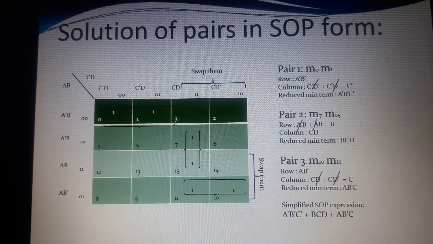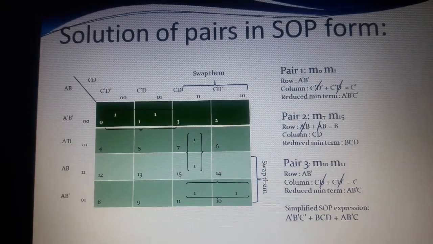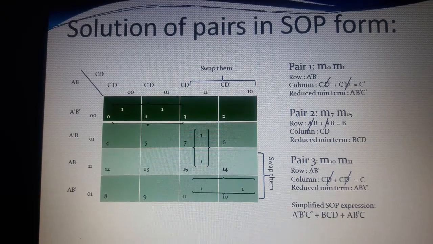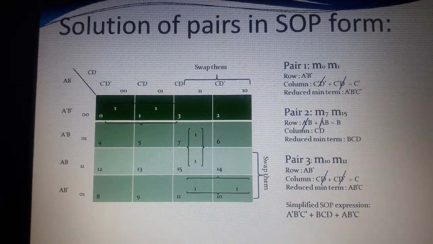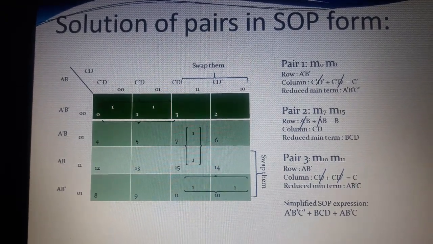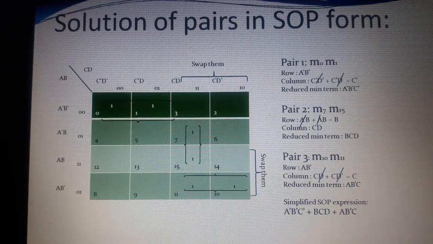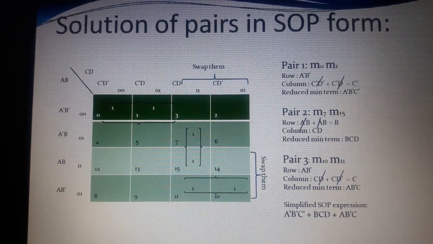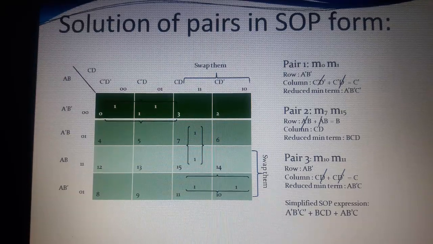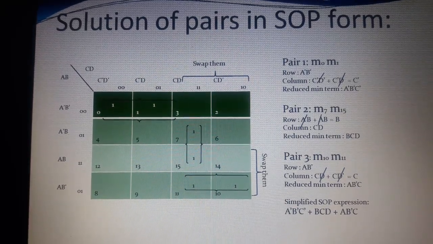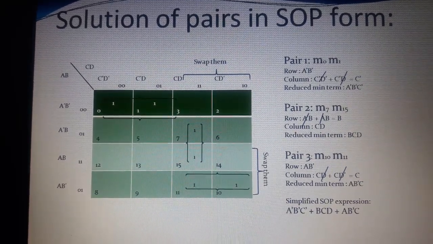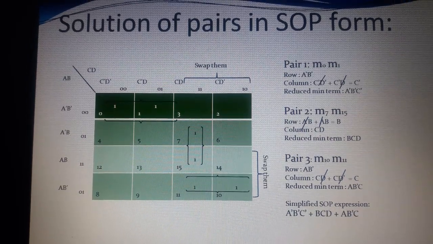See, the first pair is a combination of rows and columns. That's why the first row contains A' B' and the columns contain C' D' and C' D. I had written the same thing, but the columns I am supposed to add because both are minterms and minterms should be added together.